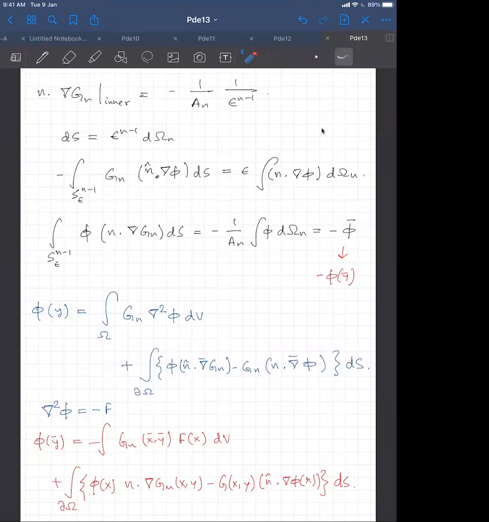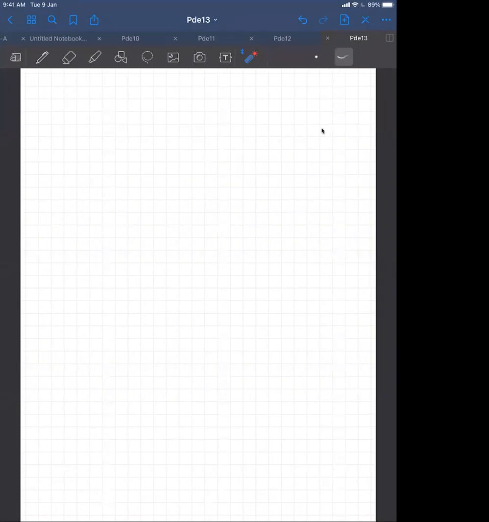This also allows us to formally write down the following: del squared of phi of y is equal to minus the integral over Rn of del squared Gn of x,y f of x dV.